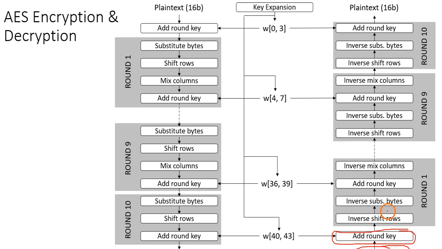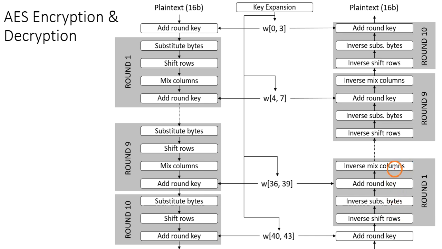So the encryption algorithm and decryption algorithm are not the same in AES. Remember that. First inverse shift rows is performed, then inverse substitute bytes, add round key, and inverse mix columns.